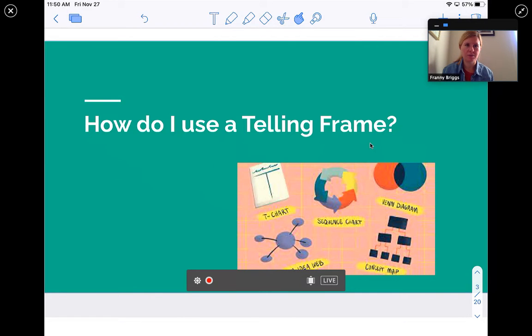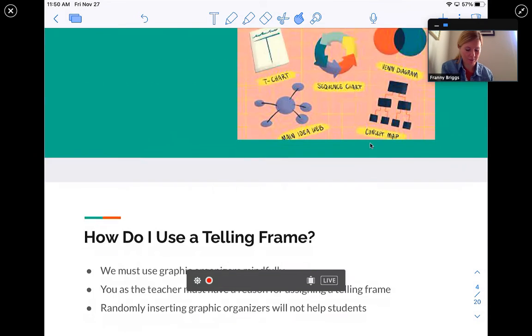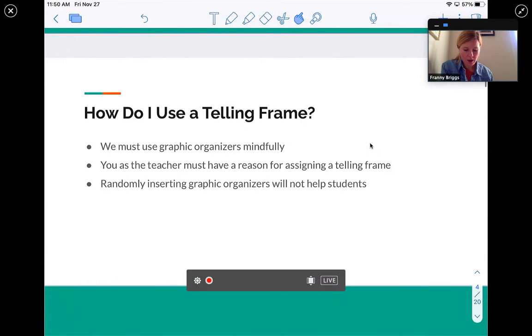So I'm going to try to give you some very explicit examples of how I think it would be good to use telling frames specifically for DLMs. When using any type of graphic organizer, any kind of brain frame, specifically a telling frame, you really want to design a special activity for using the brain frame.